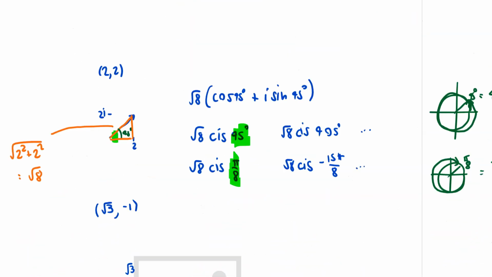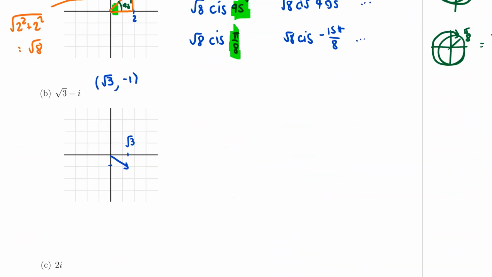So let me go back to my example down here. To find my r, it's just the norm of the complex number square root of 3 minus i, and that's going to be the square root of square root of 3 squared plus negative 1 squared. So it's the square root of the real part squared plus the imaginary part squared. And this gives me the square root of 4, which is 2.